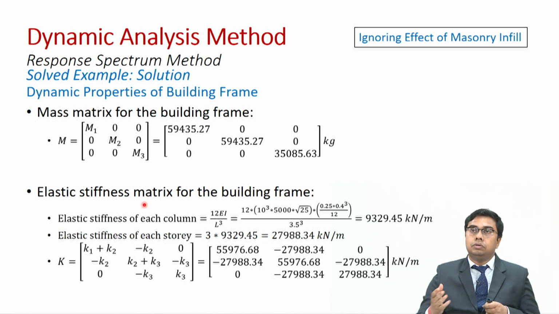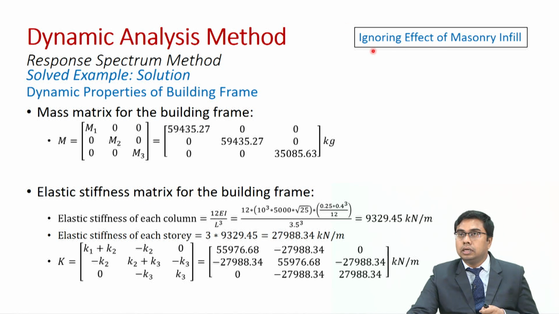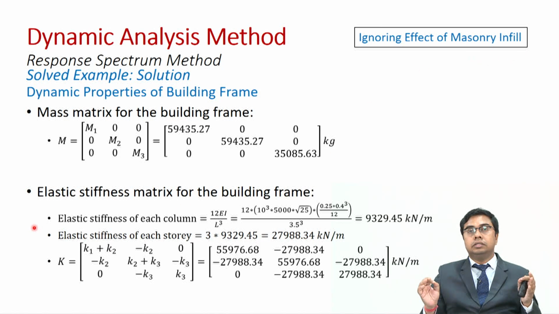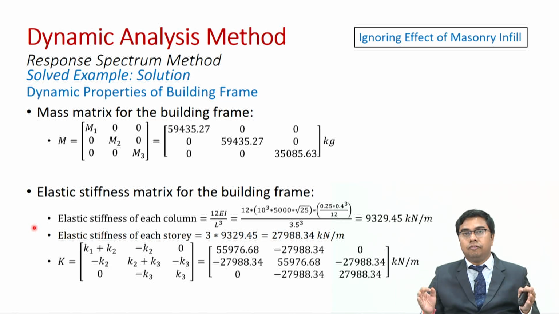So, the first approach, which is ignoring the effect of masonry infill, we are already looking into that. Here the masonry infill wall does not contribute to the stiffness of the building. So, what is the elastic stiffness of a column? It is equal to 12 EI by h cube, where h is the height, I is the second moment of area, and E is the modulus of elasticity.